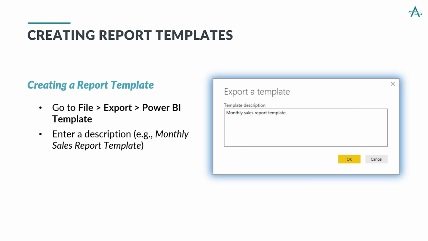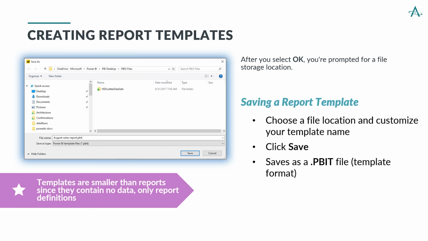To create a template, go to File, Export, then Power BI Template in the Power BI Desktop menu. When you do this, you will be prompted to provide a description for the template. For example, we could call it Monthly Sales Report Template, if that's the report we're basing it on. Once you've added your description, click OK, and you will be prompted to choose a location to save your template as a .pbit file, and that's it.